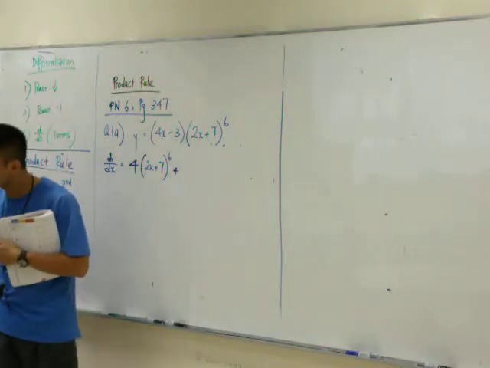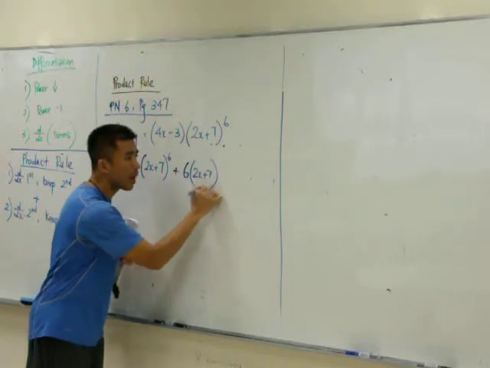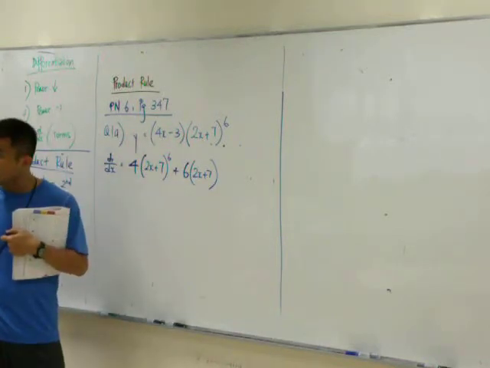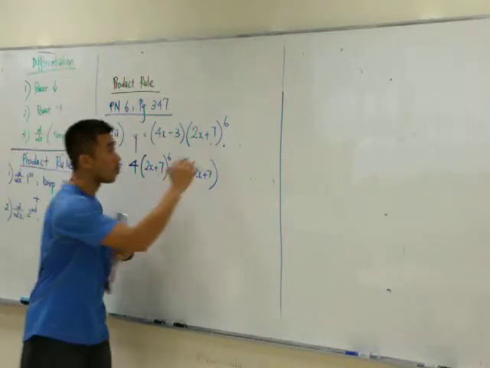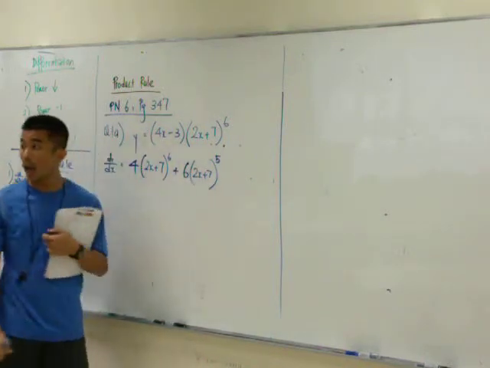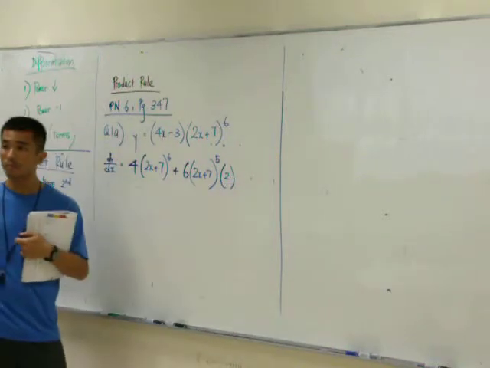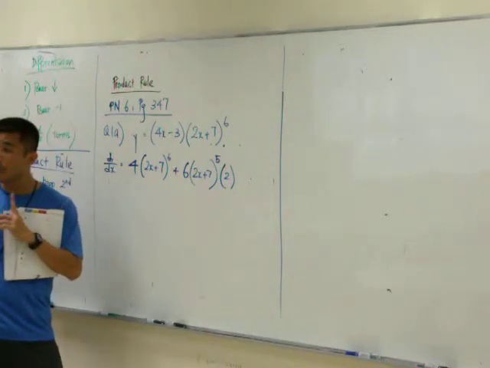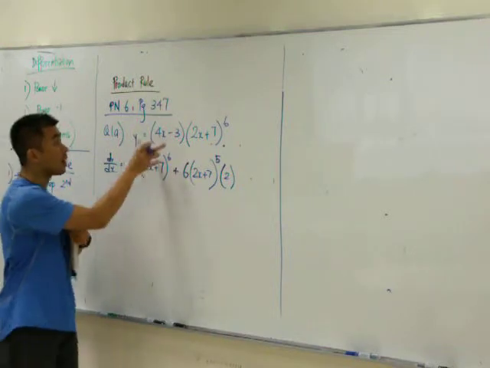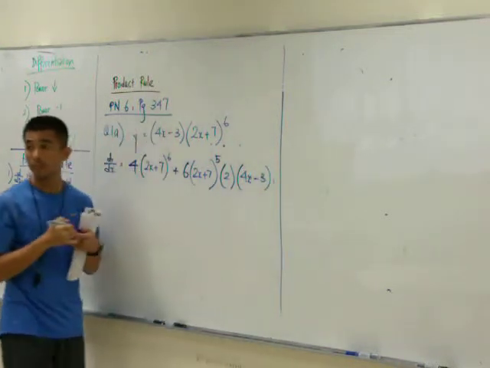Power is 6. Bring down the power. Reduce the power by 1. After that, differentiate the terms inside. What do you get? 2. Are we done? Are we done? What must we do? Keep the first. This is the part a lot of students always forget.